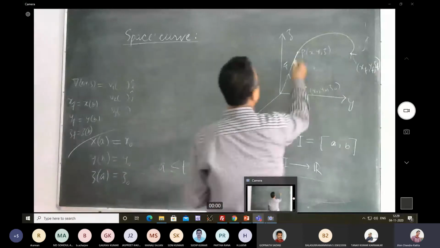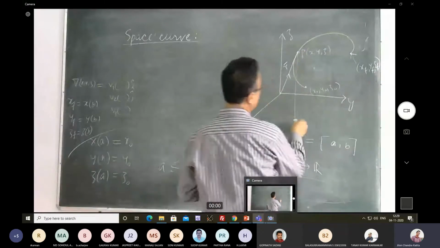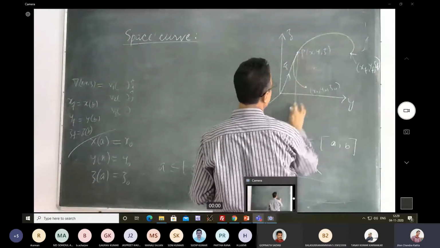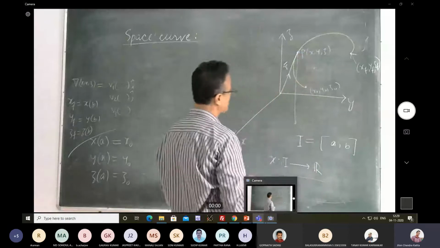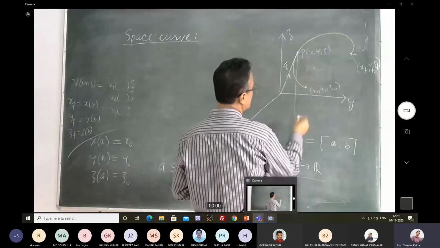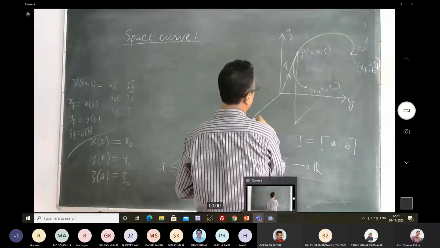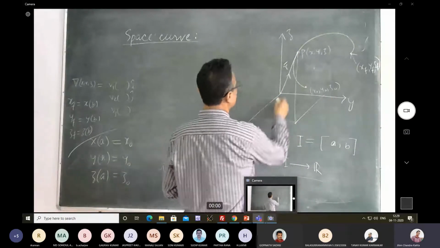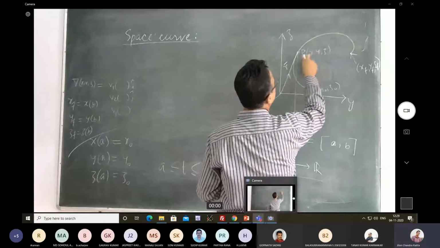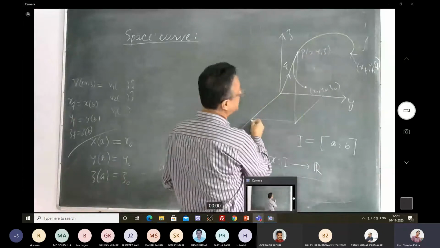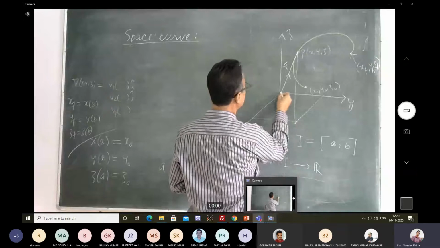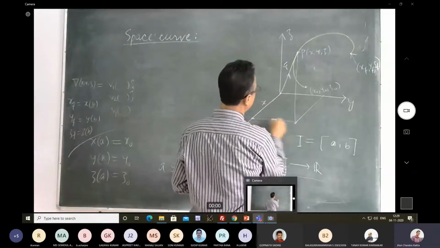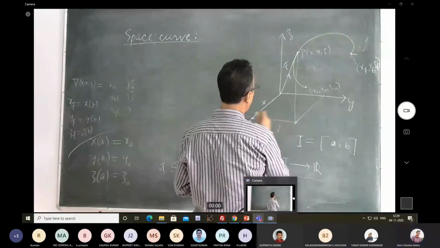If you draw a perpendicular from P to the xy plane, and the coordinates of P are x, y, z, then this length is going to be x, and this length is going to be y.